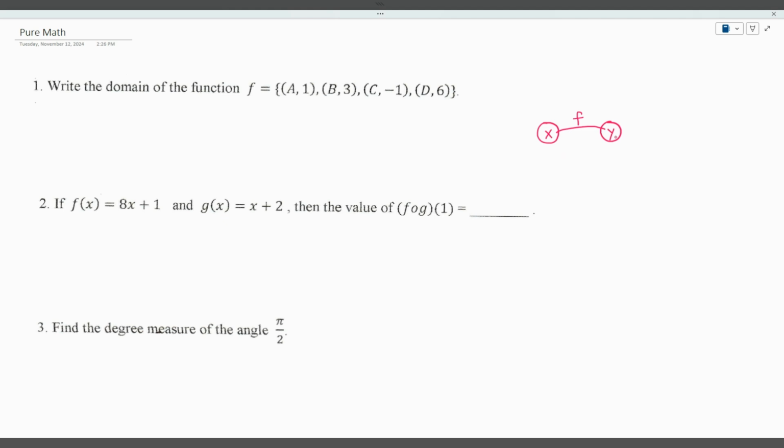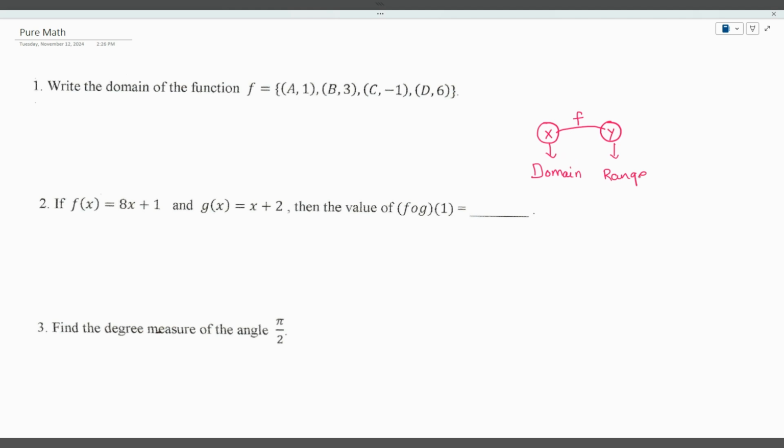The input values make up the domain and the output values make up the range. Understand?